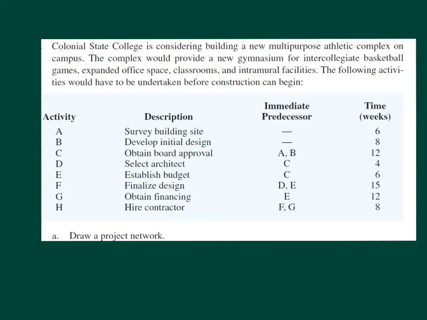So for right now, all I want to do is just draw the project network. So let's make this smaller, but big enough that I can see. And then let's draw the network diagram, the AON network, activity on node network. As I stated before, activities A and B can start at the same time.